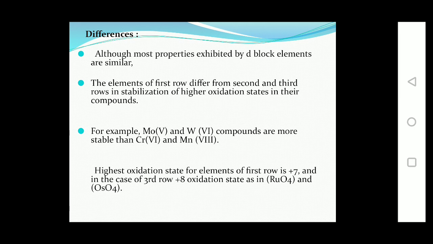But in case of the third row, that means 3d, 4d, 5d series, the +8 oxidation state can also be shown in compounds such as ruthenium oxide, RuO4, and osmium oxide, that is OsO4. Understood? So this is all about transition elements. We have to learn about inner transition elements, again extraction, etc. But transition elements or d-block elements is complete now.